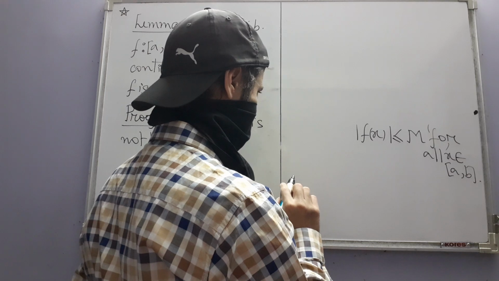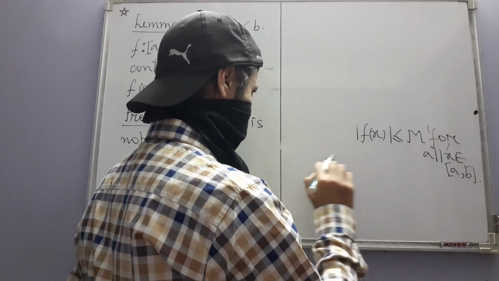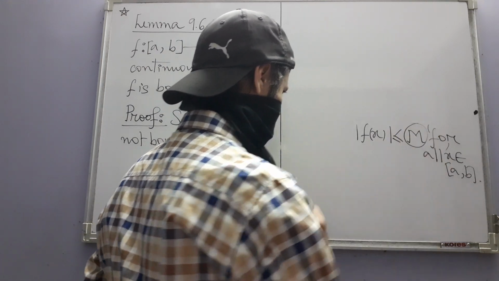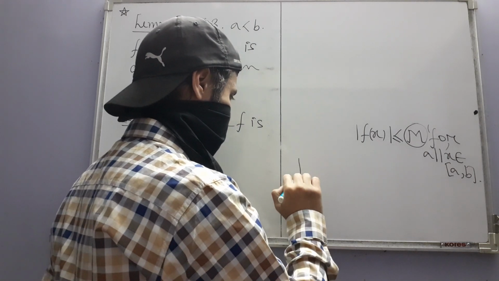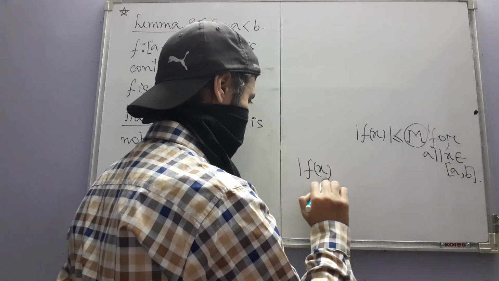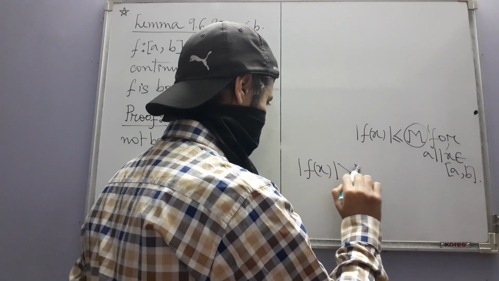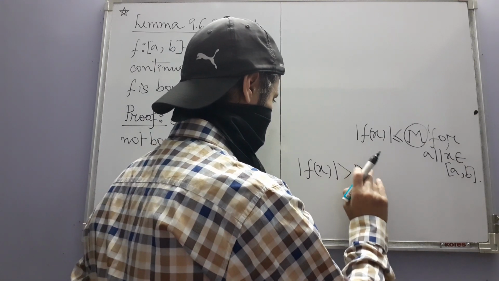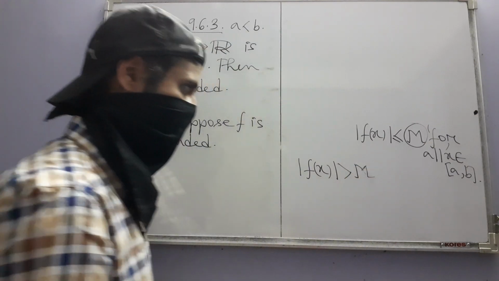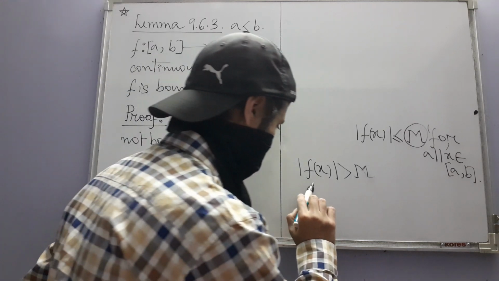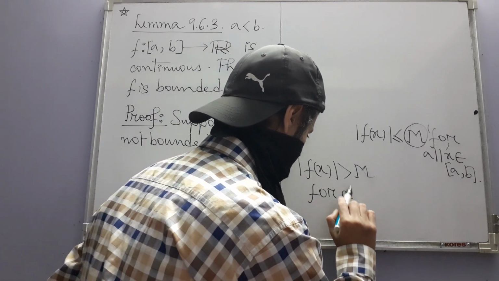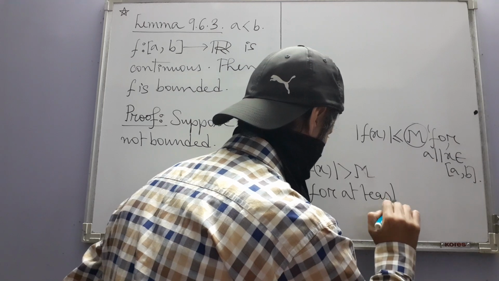The negation of this is that no matter what m you choose, the exact opposite inequality will be true for at least one point in the domain.